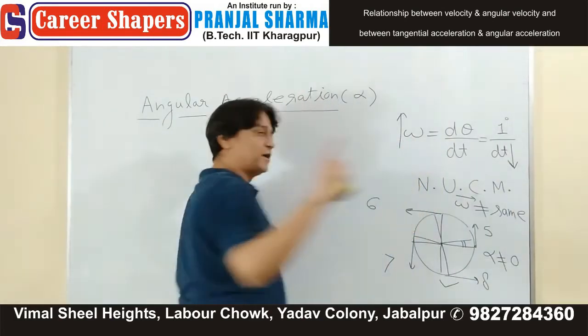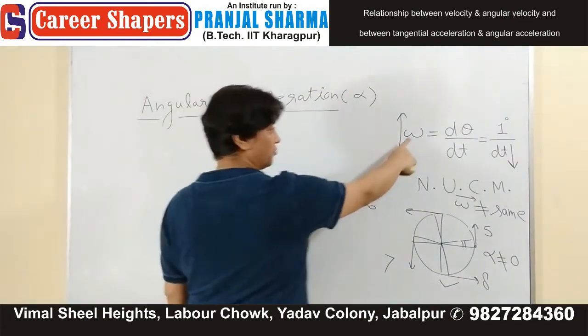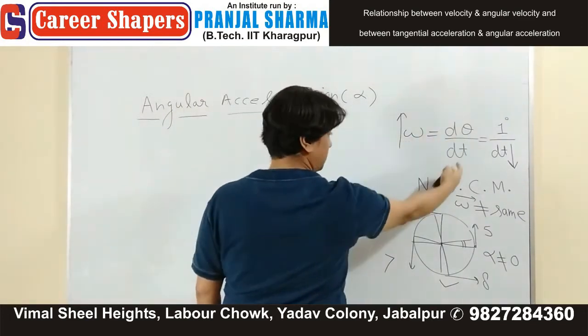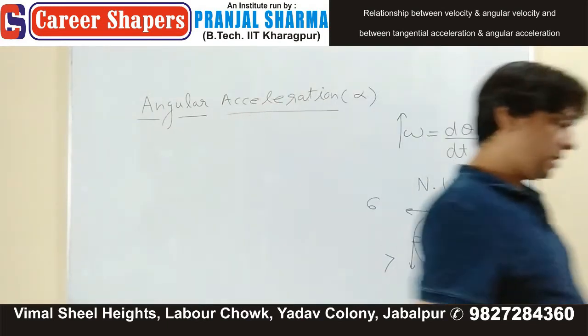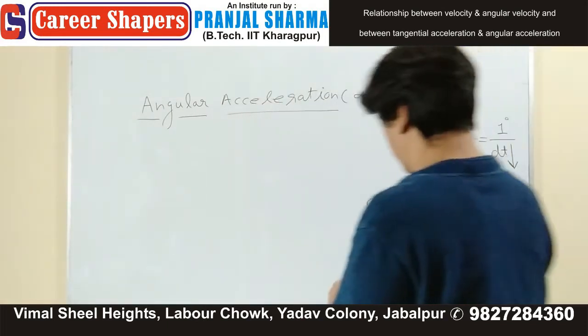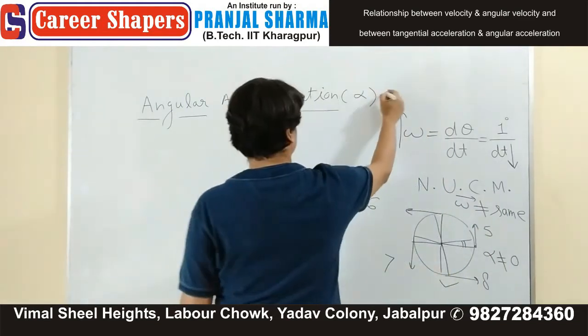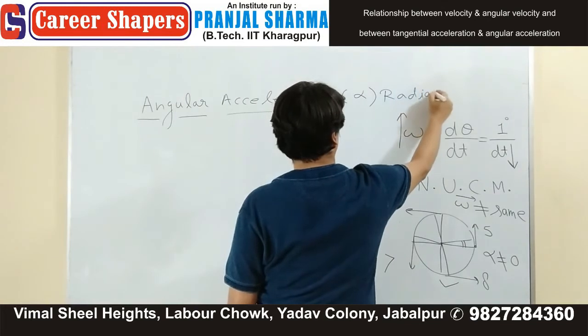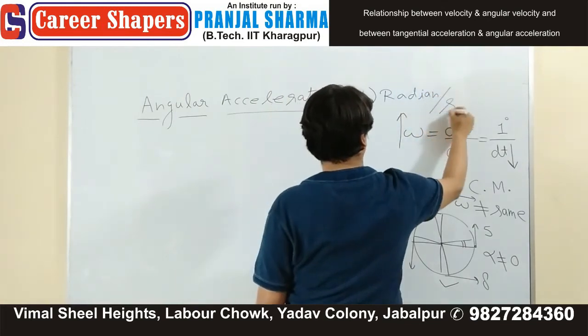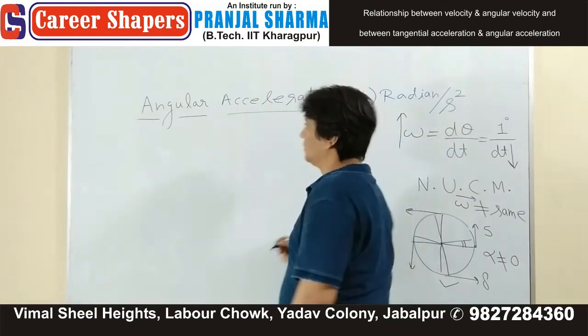Omega was radian per second. So what is alpha? Radian per second square. That's the unit.